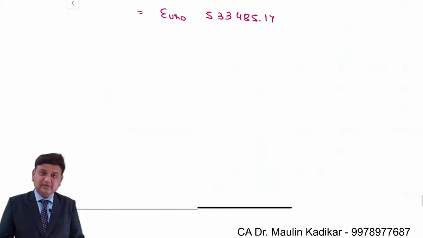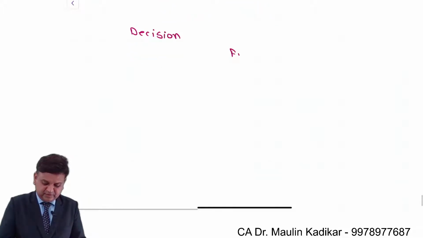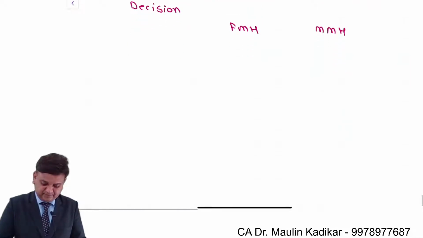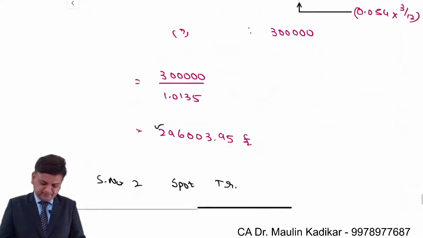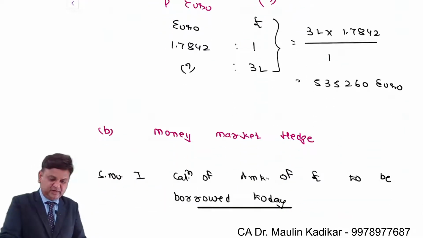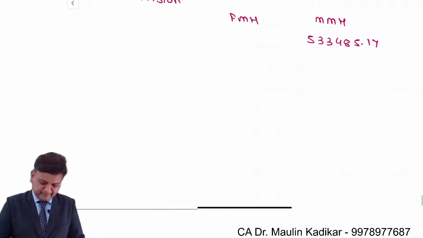Okay, now for 3 months only you have to take a decision. So decision: forward market hedge and money market hedge. In case of money market hedge, 533,485.17, and for forward market hedge, the answer that we already have found is 535,260.